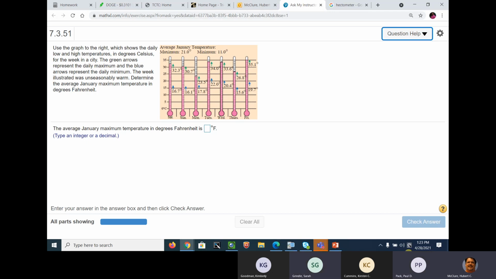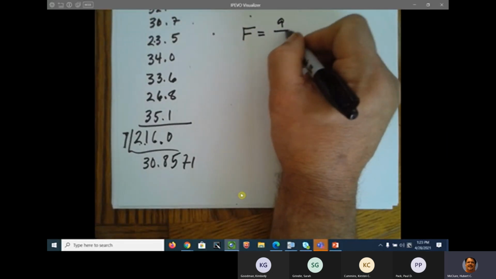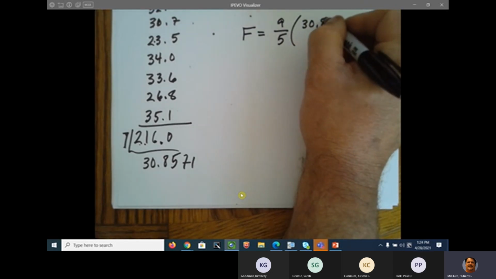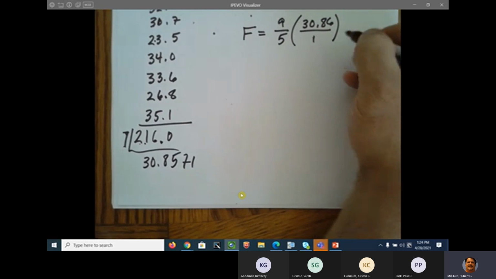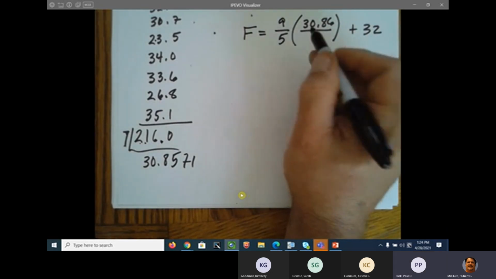Let me get my whiteboard back up. Fahrenheit is equal to 9/5 times 30.86 over 1 plus 32. And yes, you're going to use your calculator here.